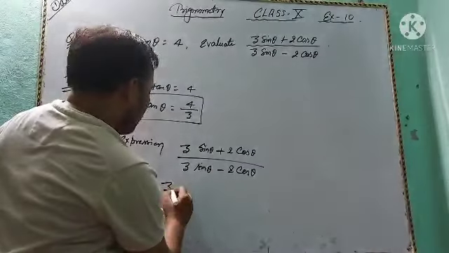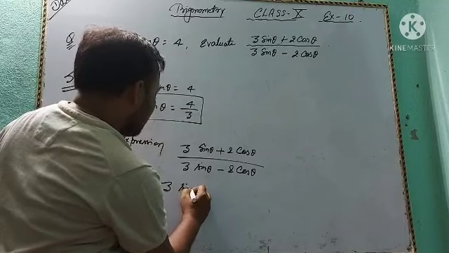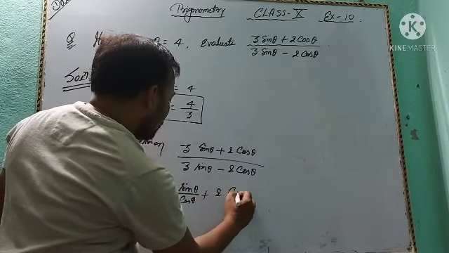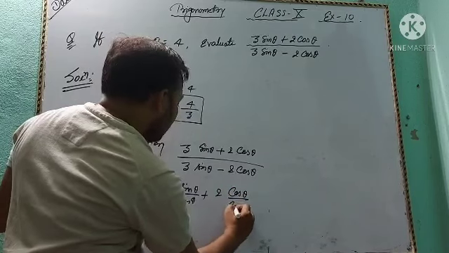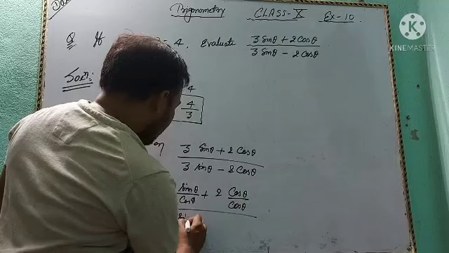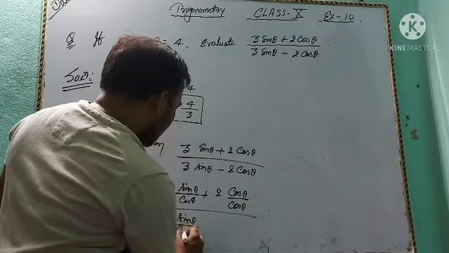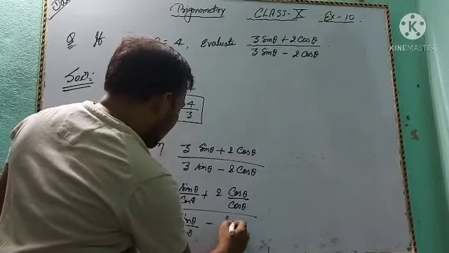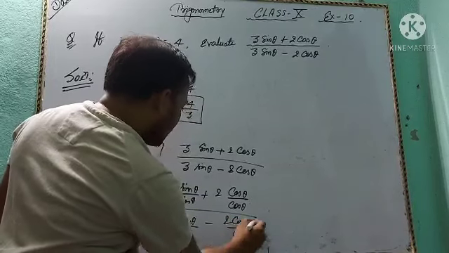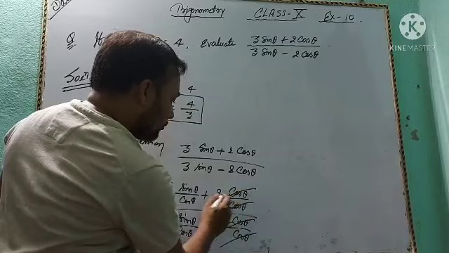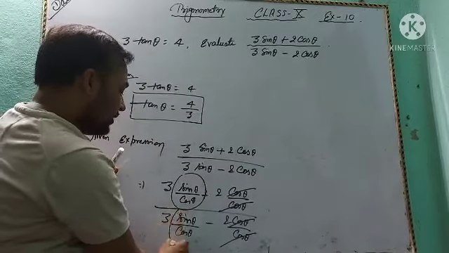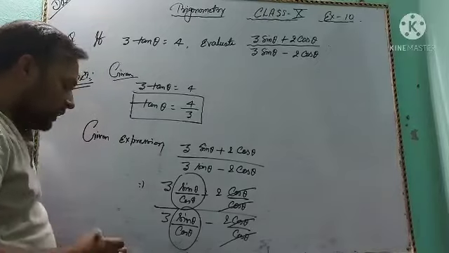So we write 3 sin theta by cos theta plus 2 cos theta by cos theta, over 3 sin theta by cos theta minus 2 cos theta by cos theta. Cos theta is cancelled, and this sin theta by cos theta is tan theta.